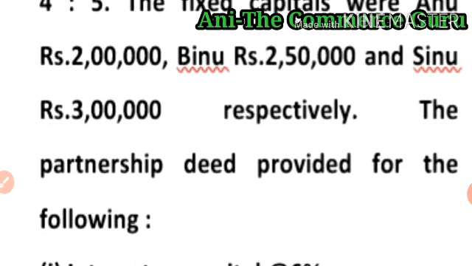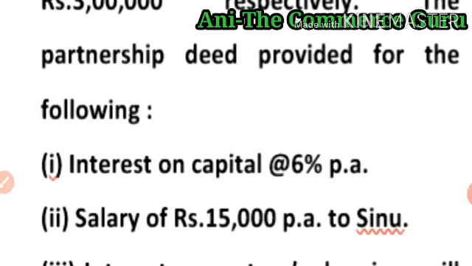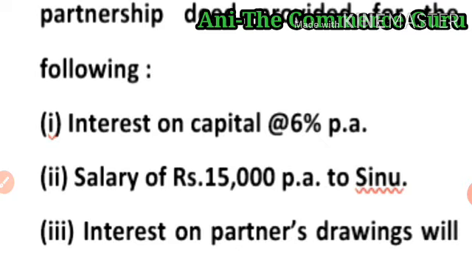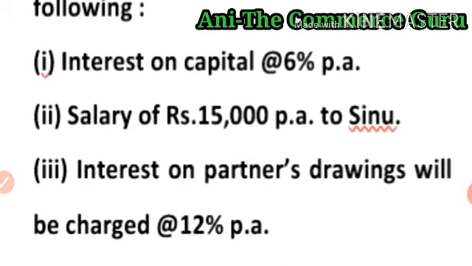The partnership deed provided for the following. Number 1, interest on capital at 6% per annum. Number 2, salary of rupees 15,000 per annum to Sinu. Number 3, interest on partners' drawings will be charged at 12% per annum.